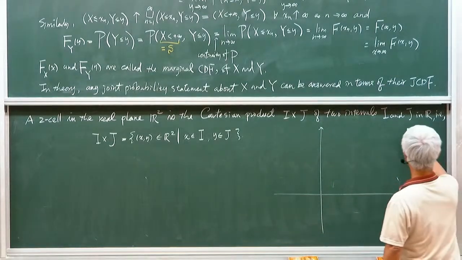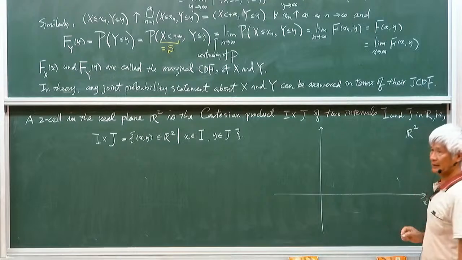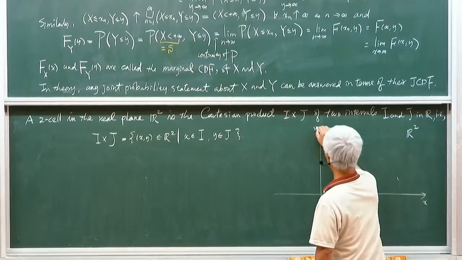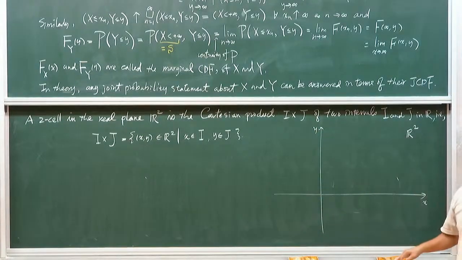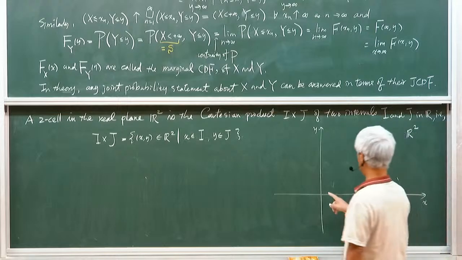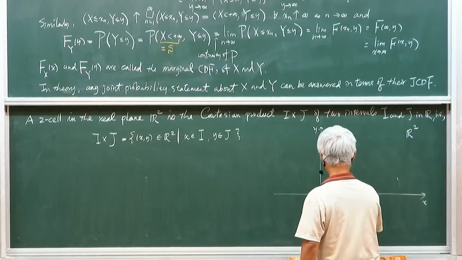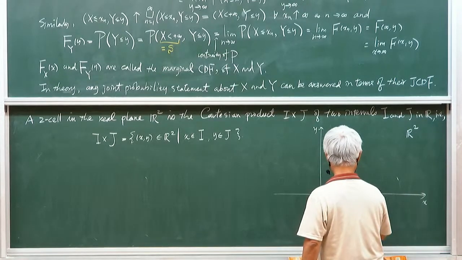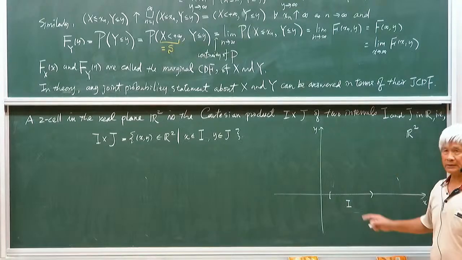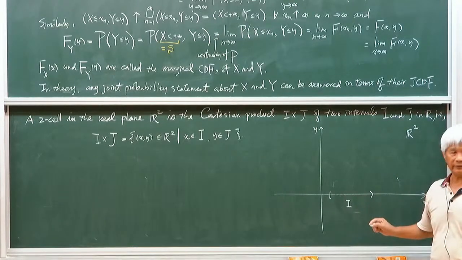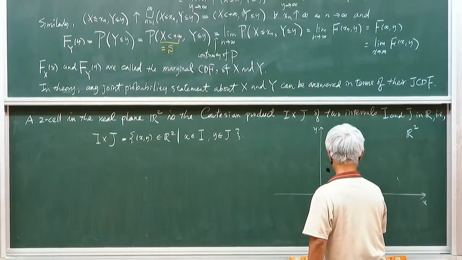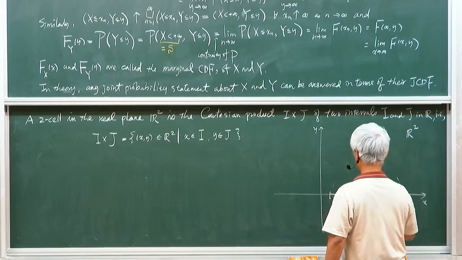this is the real plane, and we have Cartesian coordinates. On the x-axis, we may have an interval I here. This is a half open, half closed interval.